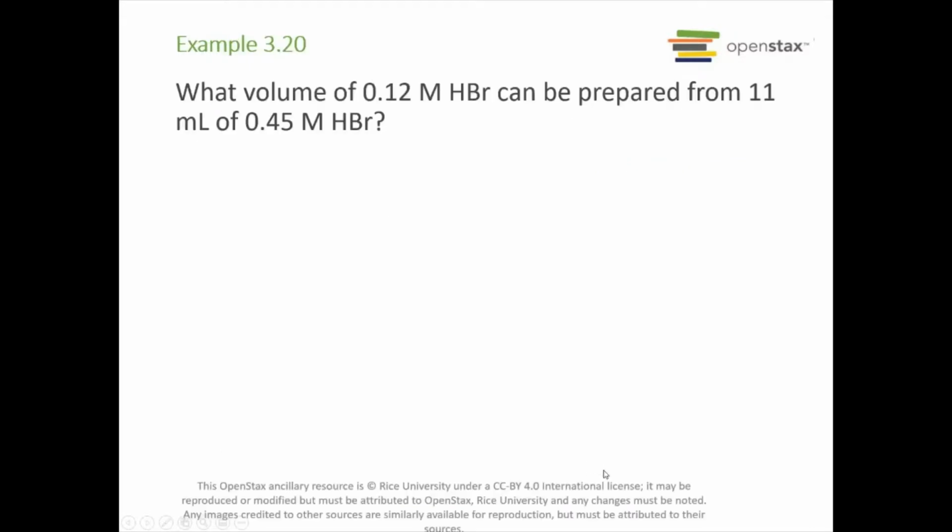Here's another example. What volume of 0.12 molar HBr, hydrobromic acid, can be prepared from 11 milliliters of 0.45 molar HBr? So let's start by figuring out what we know. This is our C2 equals 0.12 molar.